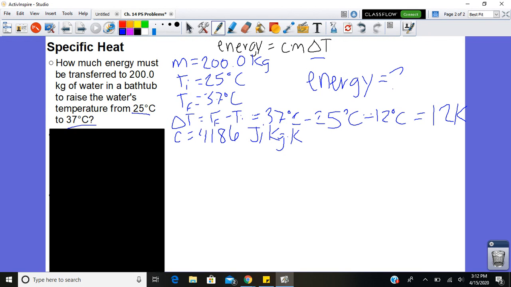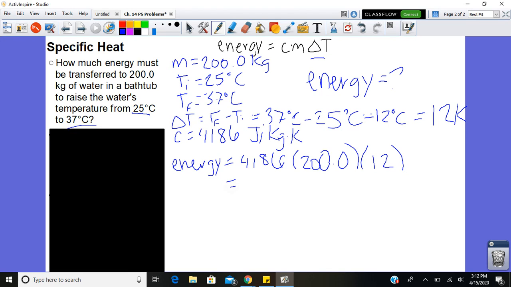So I have my equation up at the top of the screen. We can start plugging in numbers now. So we're going to have energy, which we don't know, is equal to C, which is 4,186 joules divided by kilograms times Kelvin, times my mass, which is 200.0 kilograms, times my change in temperature, which was 12 Kelvin.